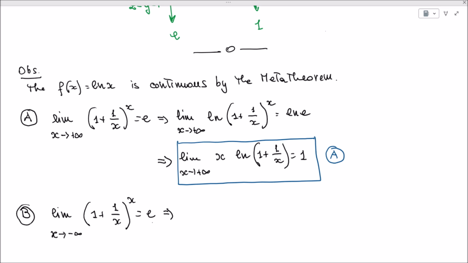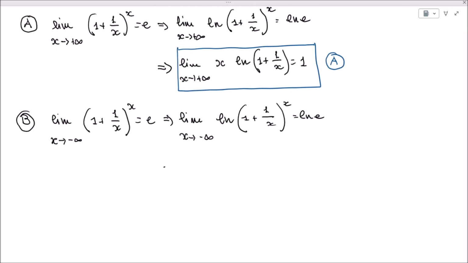So again, applying the logarithm on both sides, we get limit as x goes to minus infinity of the logarithm of 1 plus 1 over x, all raised to the x, is equal to the logarithm of e, which in turn means that the limit as x goes to minus infinity of x times the logarithm of 1 plus 1 over x is equal to 1.